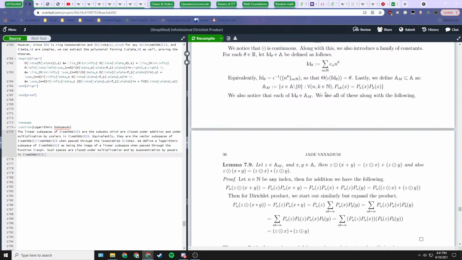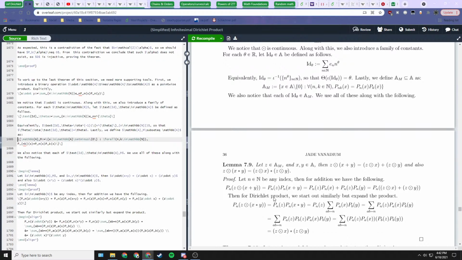It's a bit confusing, but with the restriction that these are coprime, it turns out that the space of multiplicative sequences, if you exclude 0, is actually a logarithmic subspace. Technically 0 would satisfy these conditions, which is why in this definition we've excluded 0.